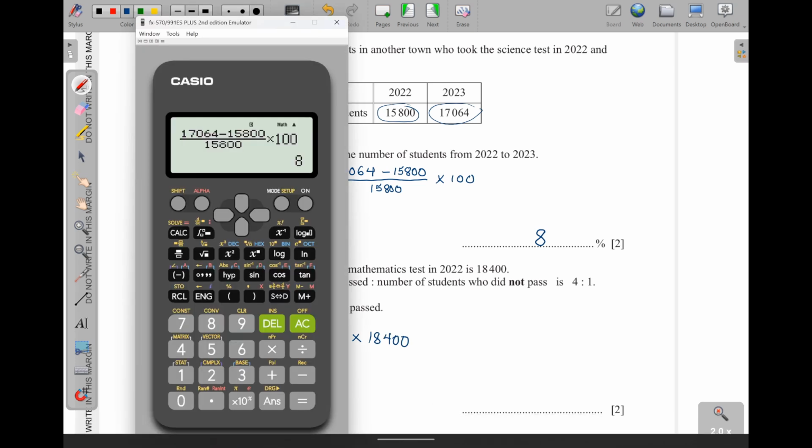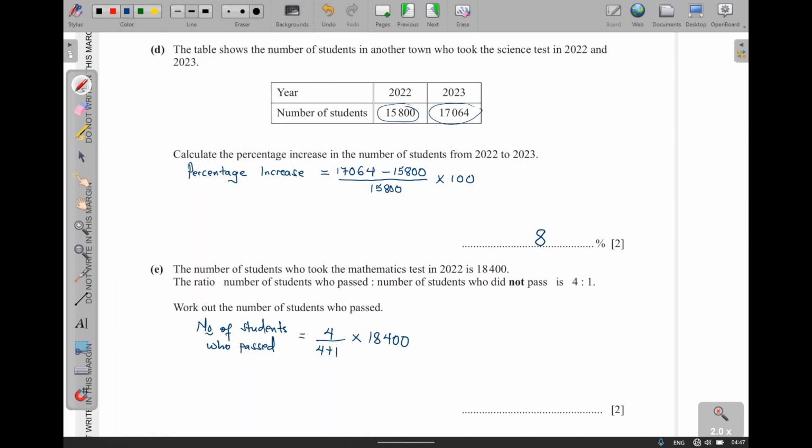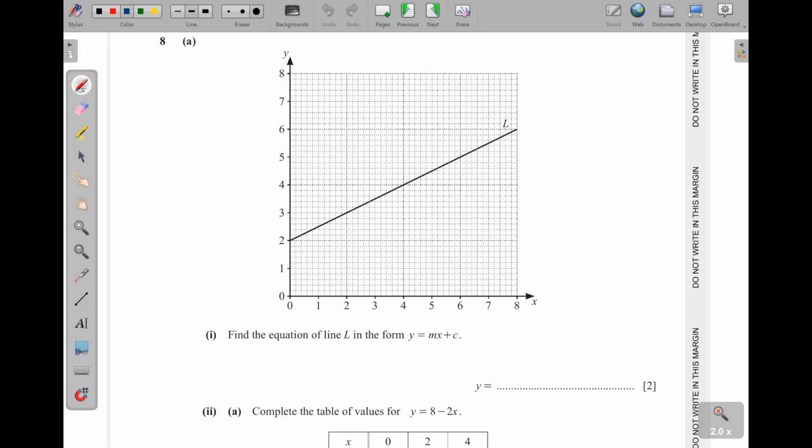Then we shall put 4 over 5, then times 18,400, and that is 14,720. So we shall write 14,720.